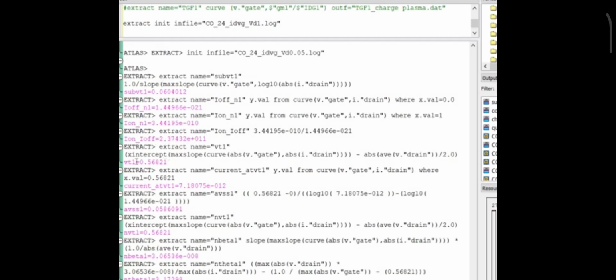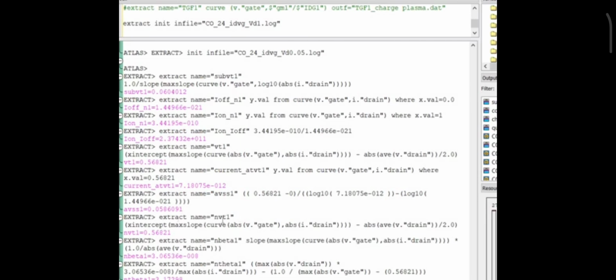Next is the threshold voltage, this one. Now the current at the threshold voltage is this one. This is the average subthreshold slope. I have already told you about the difference between the subthreshold slope and the average subthreshold slope in my TFET video.